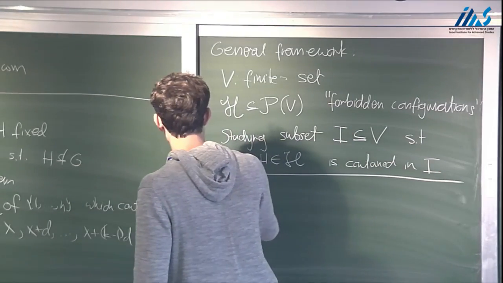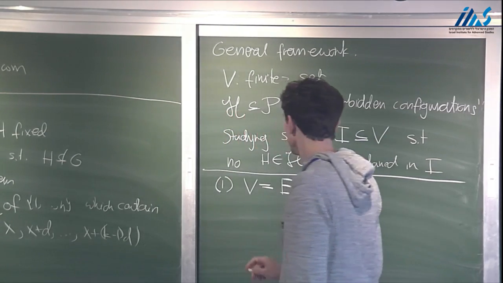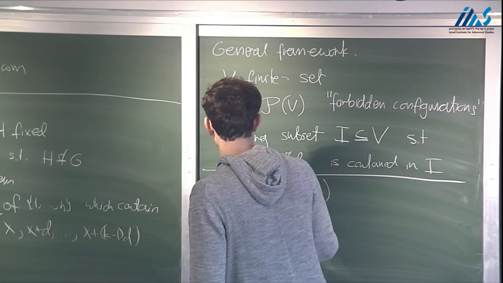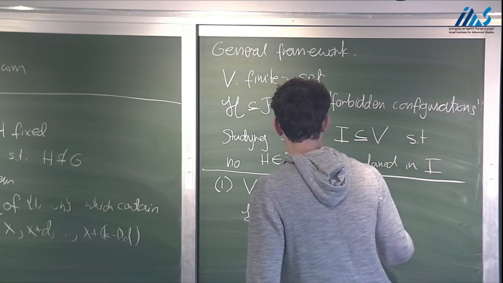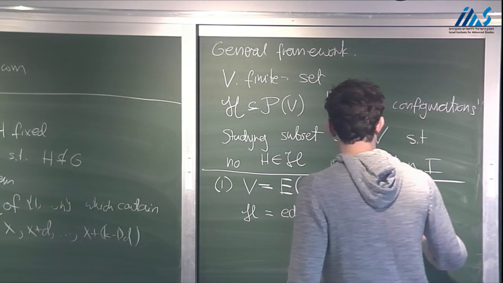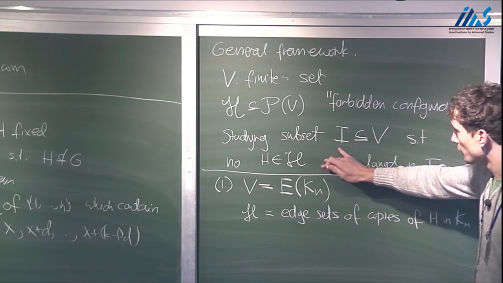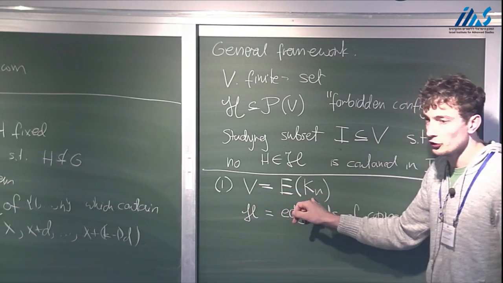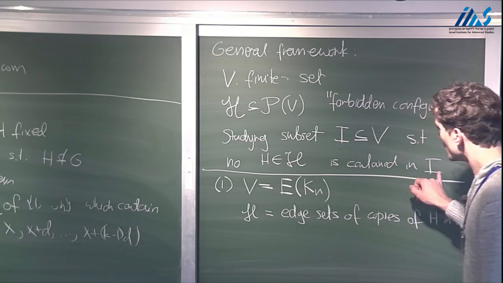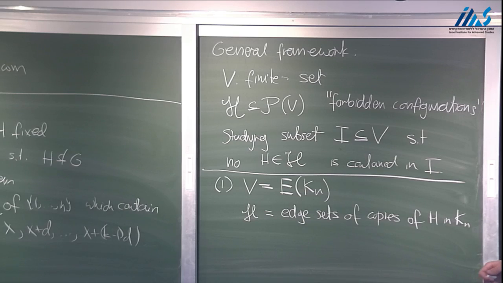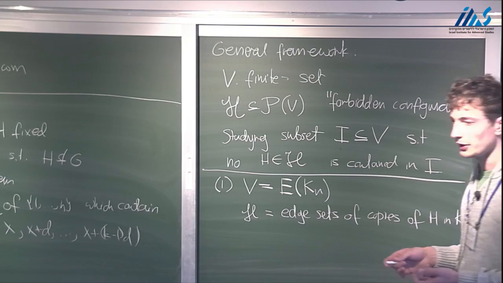So in problem 1, we let V be the set of edges in the complete graph on n vertices. And these forbidden subsets H are just edge sets of copies of H in the complete graph Kn. And now any subset I of V is just a set of edges in the complete graph on n vertices, so it's a subgraph of the complete graph. And it doesn't contain any H. It means that if I take any, say, 3 edges that form a triangle, then these 3 edges are not all contained in my subgraph I, which means that my subgraph I is triangle-free.